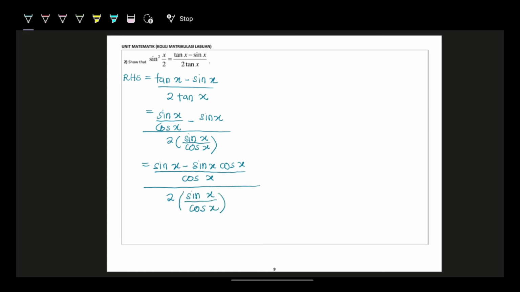In short, we know this one can be cancelled off. And lastly, we will be left with sine x minus sine x cos x over 2 sine x. Then we are going to proceed here.